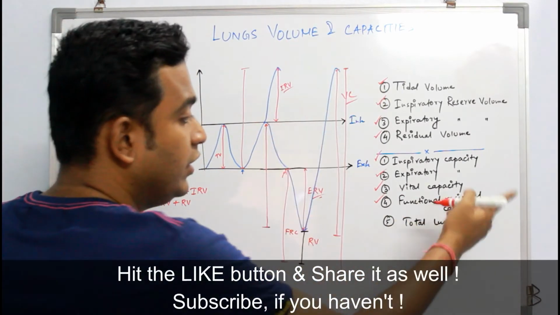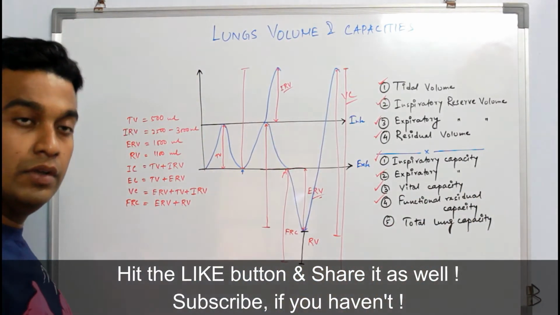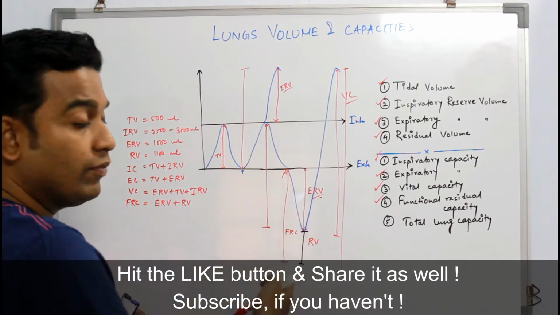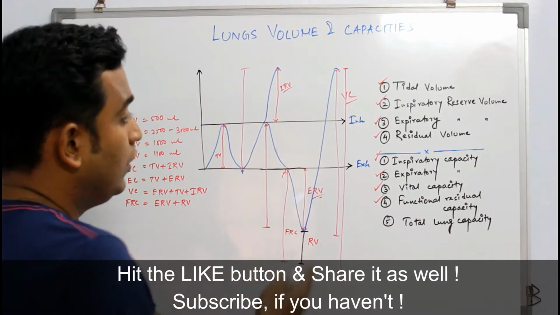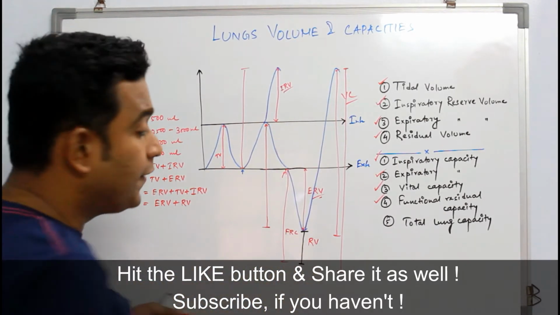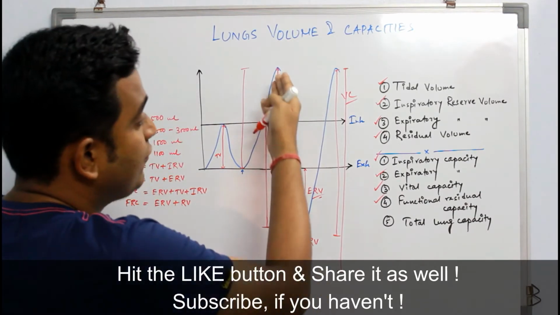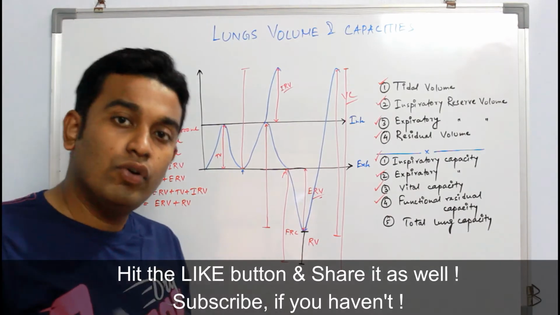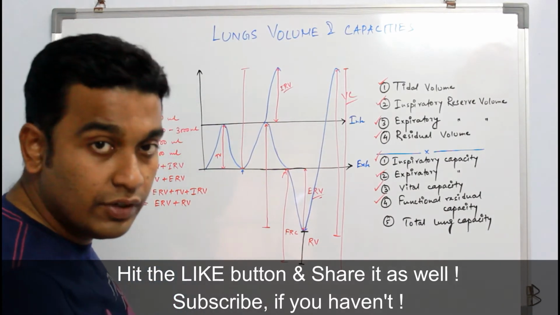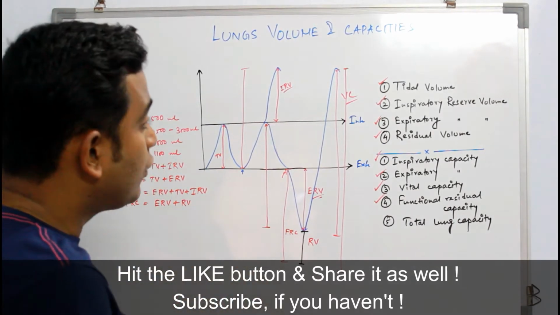Everything comes under total lung capacity. So if you go from top, if you go from bottom, it's up to you. You may observe that somewhere I have started from the bottom, somewhere I have started from the top. It's for the sake of our own understanding and ease. So again, it's up to you how you calculate.